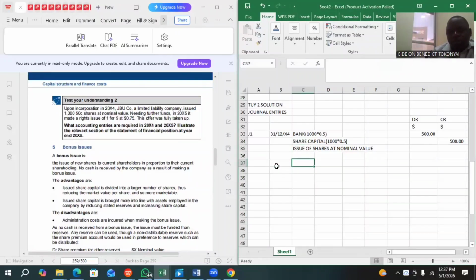Then we go to J2, which is in respect of 20X5.